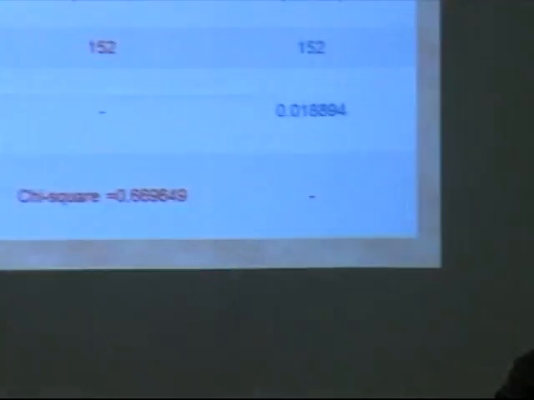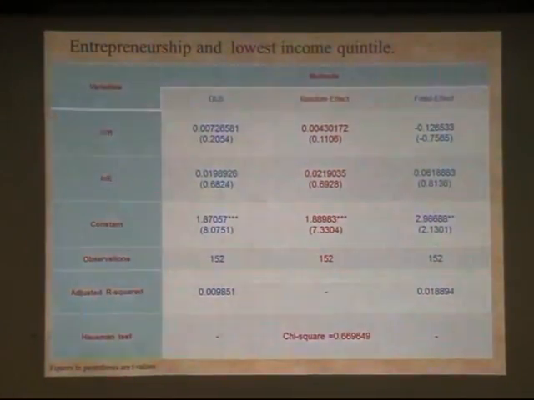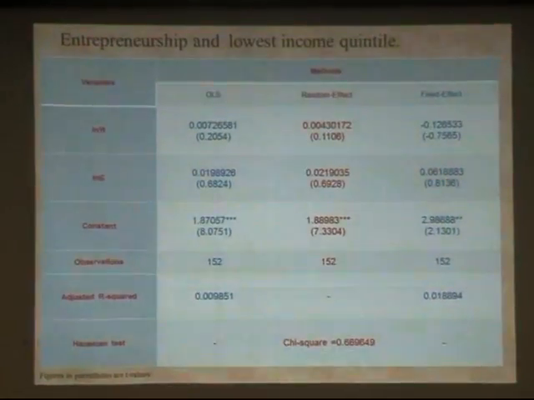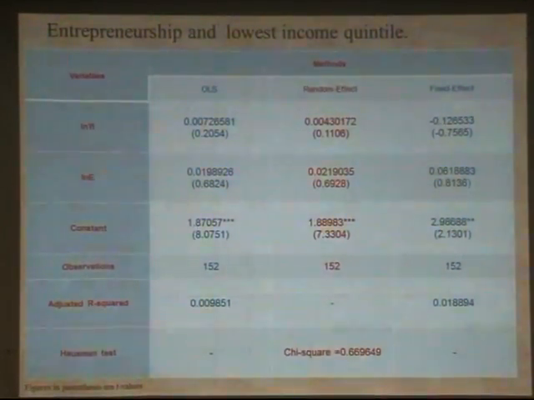So here, we start from the OLS. We can see that here, there is no significant relationship between entrepreneurship and income of the poor. And for the next two methods also, there is no significant relationship between entrepreneurship and income of the poor.